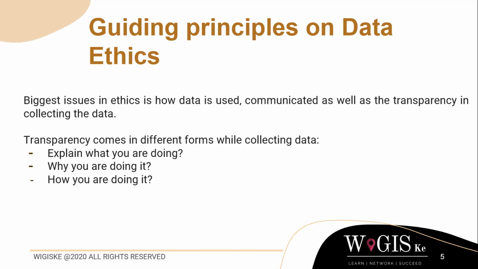And how you're going to collect this data is also very important, because if you're not explicitly telling your users how you're going to collect it, then that becomes an ethical issue.